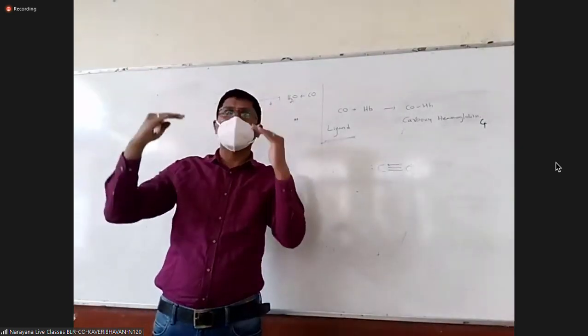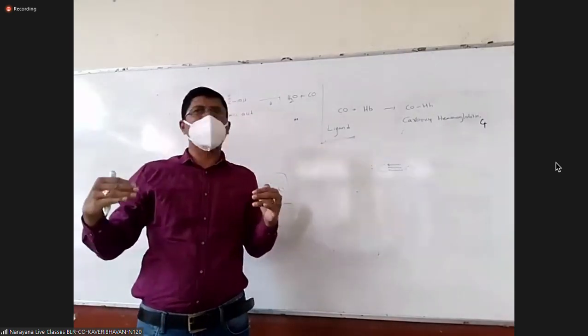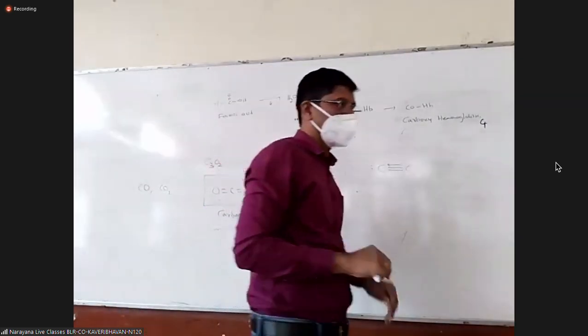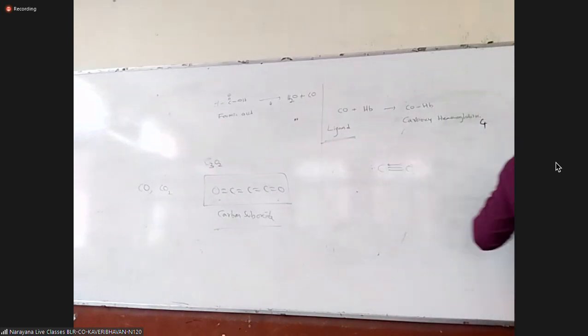So there are covalent compounds, ionic compounds, and coordinate covalent compounds. The structure is important. CO: is it para or dia? How will you tell? If a lone pair is there, it is dia; if unpaired electrons are there, para. Now we have no lone pair, correct? Next, other reactions.